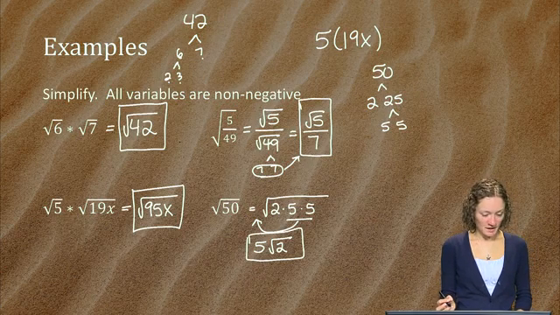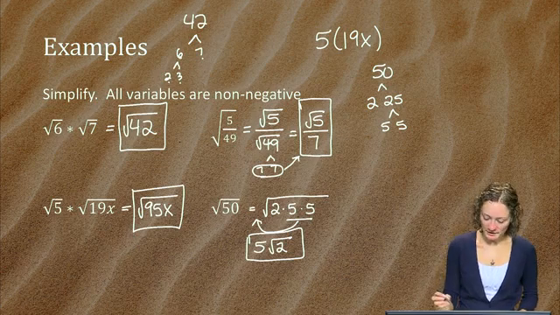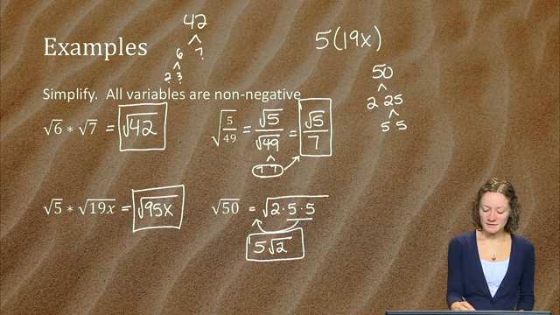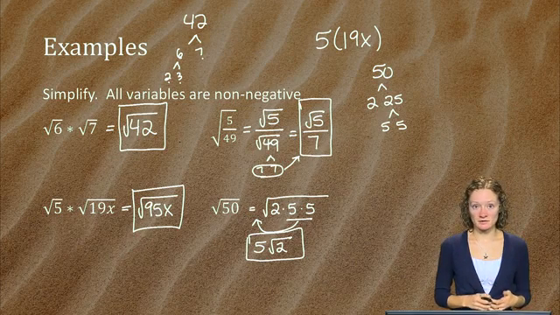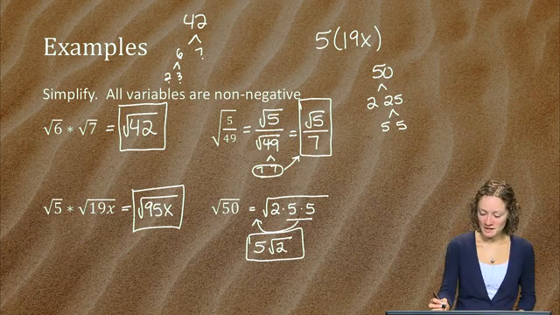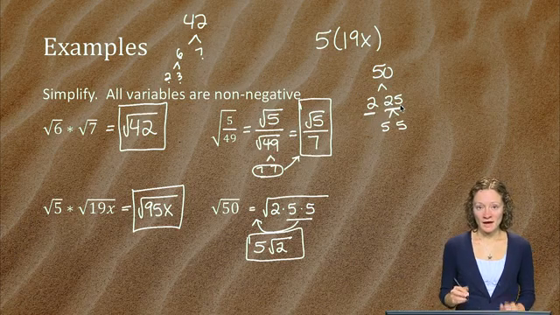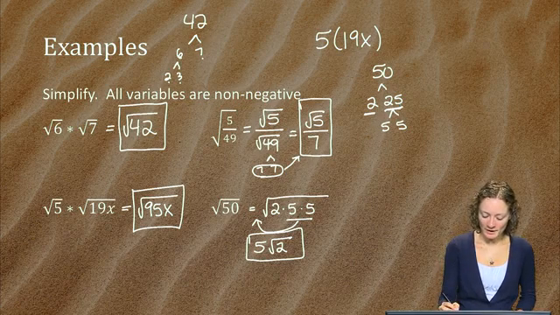Another option, and this kind of uses the product rule more specifically, is to look at 50, take everything inside, and look for perfect squares inside the number. So in 50, we can see that the breakdown could be 2 times 25, and hey, 25 is a perfect square.